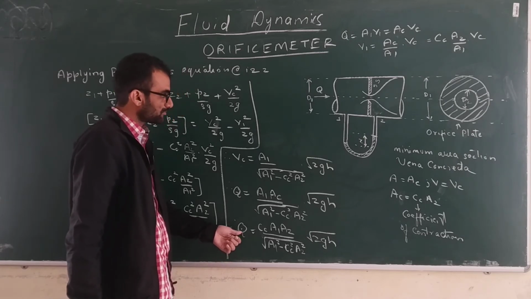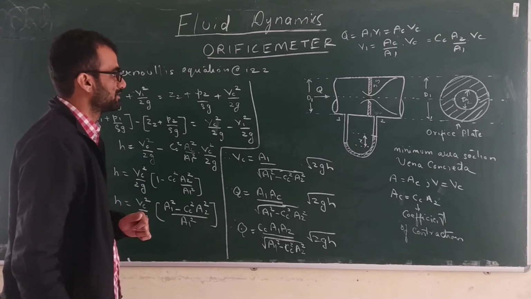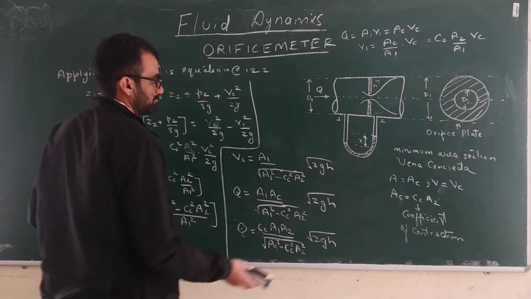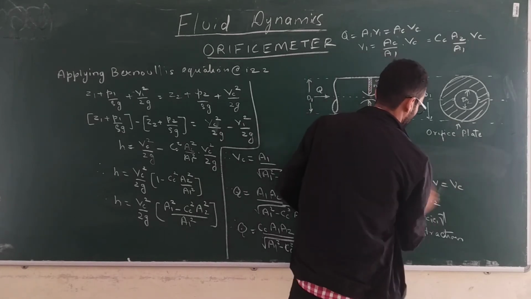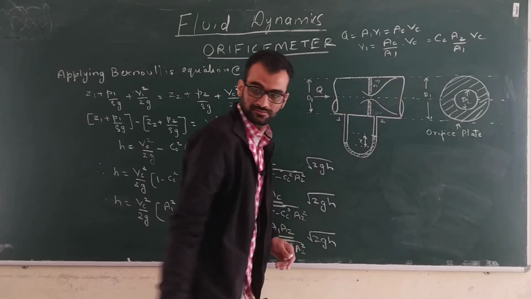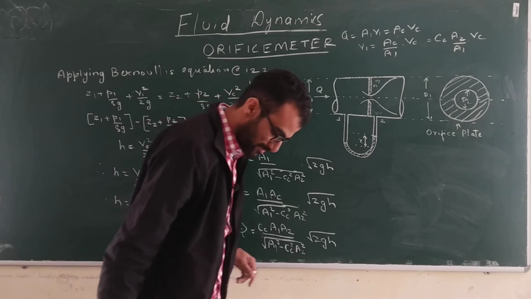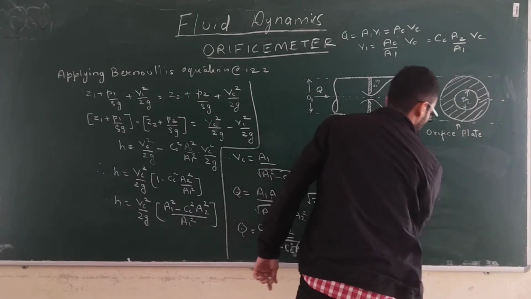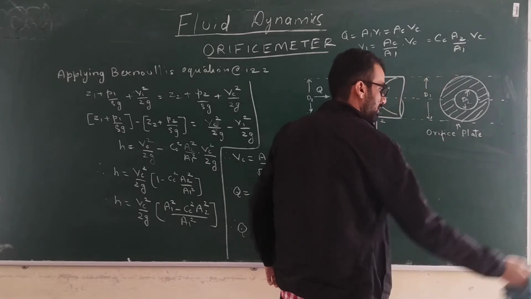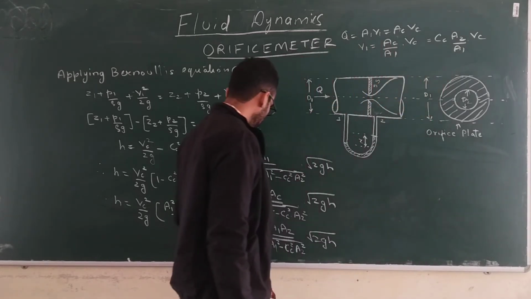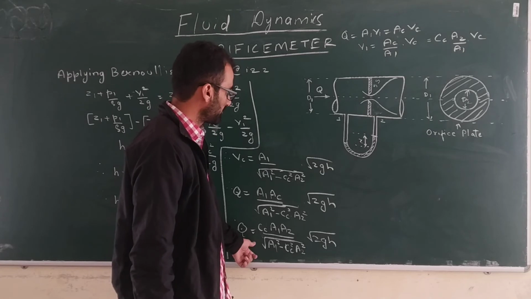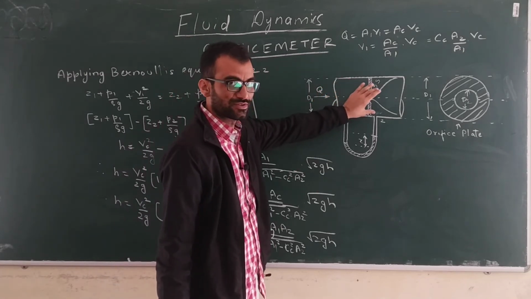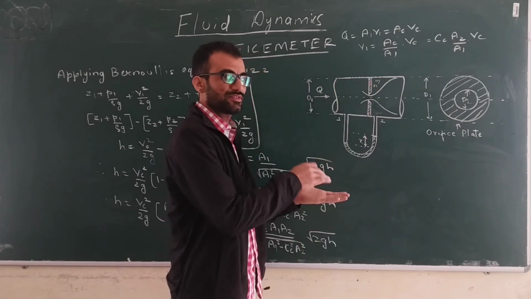But what will be the actual discharge? Now, while writing this equation, we have not considered the drop in pressure or the energy loss, the energy loss because of the viscous dissipation.